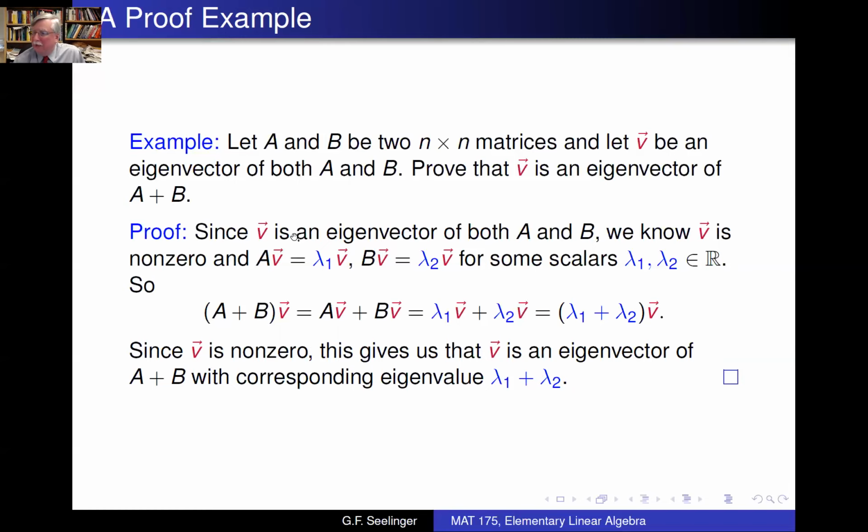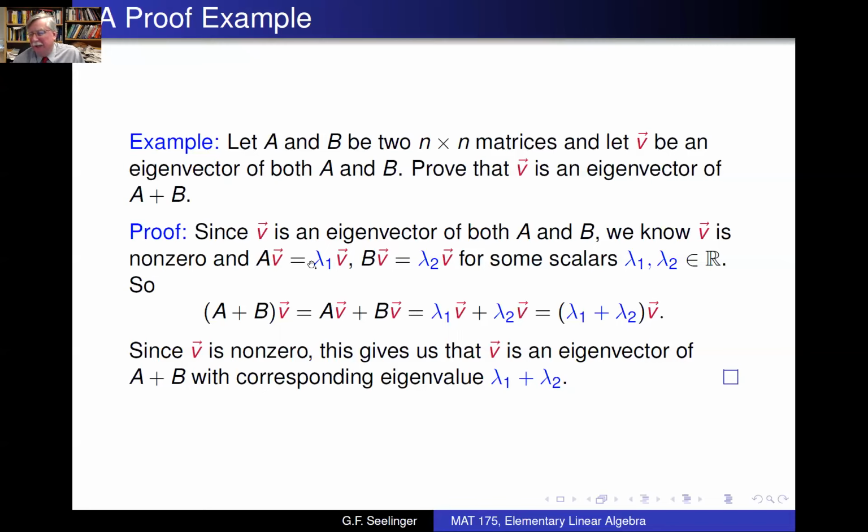I should point out that it is important in the definition, and I forgot to emphasize this a little earlier, that an eigenvector is never the zero vector. The zero vector always works. If I plugged in the zero vector here, A times the zero vector can be any scalar times the zero vector. It could be 358, it could be pi, it could be negative square root of 2.